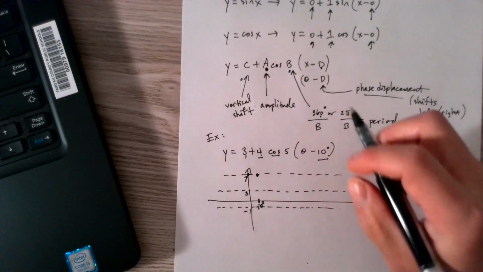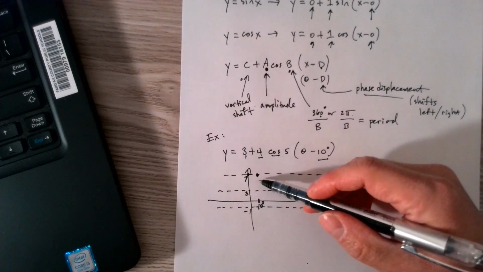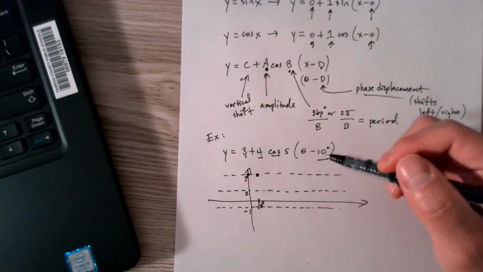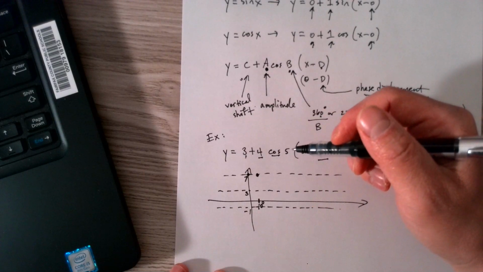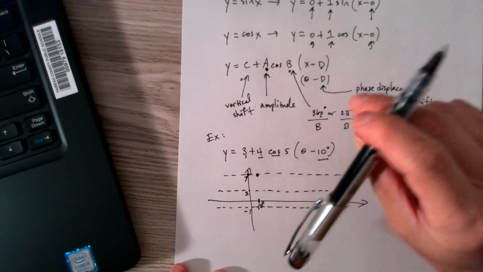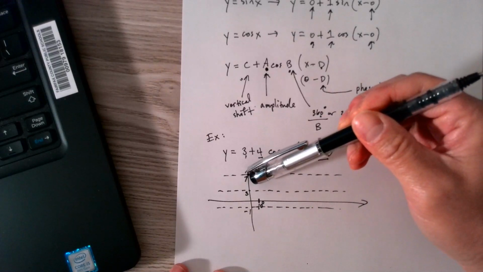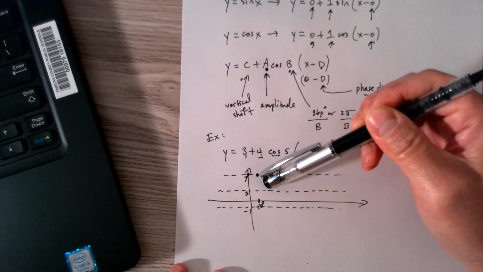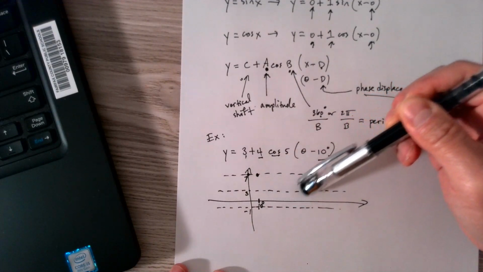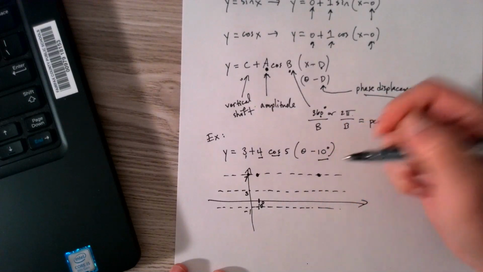There. So at 10 degrees, my y value is 7. And I'm not going to draw it yet, but if I trace the first cycle, it'll go like this, hit the lower bound, and then come back up and finish one cycle.